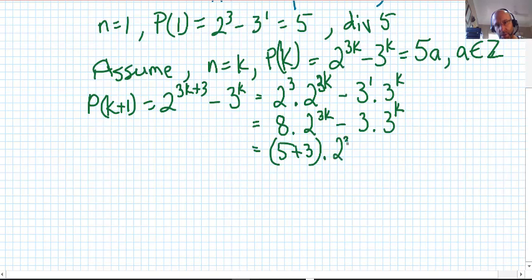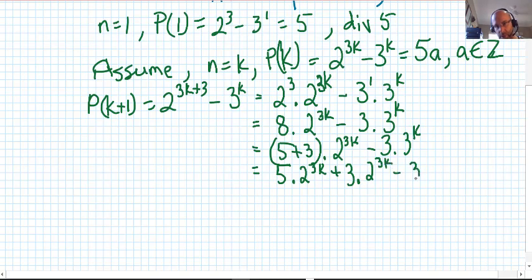The subject of that is 2 to the power 3k, and completing the expression, separating that, or expanding it in a sense, we have 5 times 2 to the 3k plus 3 times 2 to the 3k.